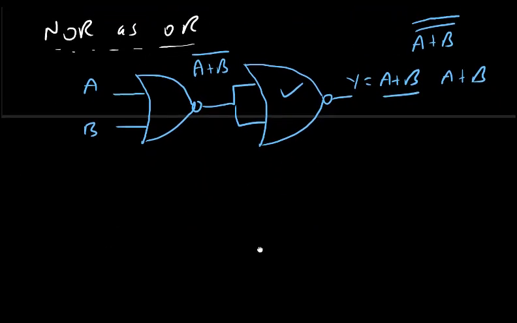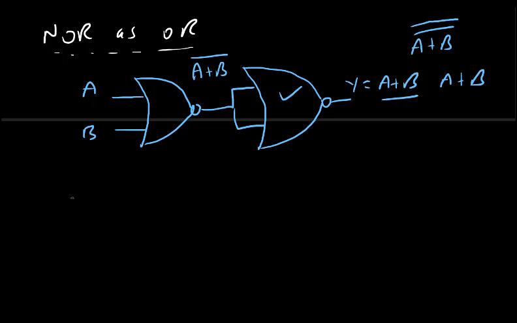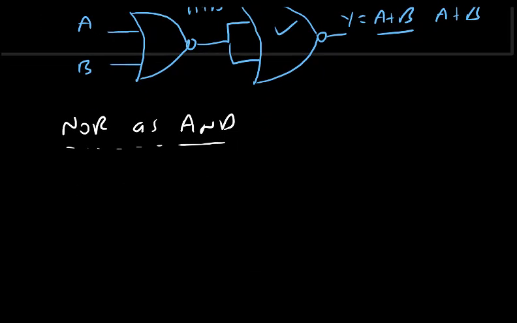Now next is NOR as AND. Here is how we draw this: first we take a NOR gate, then we take another NOR gate, then one more NOR gate.